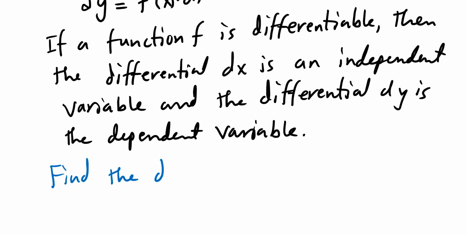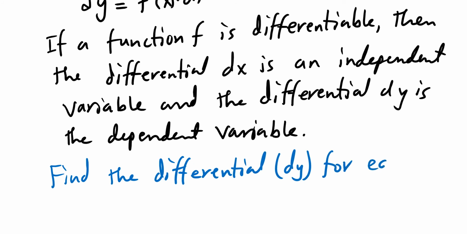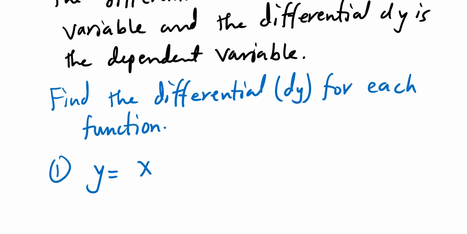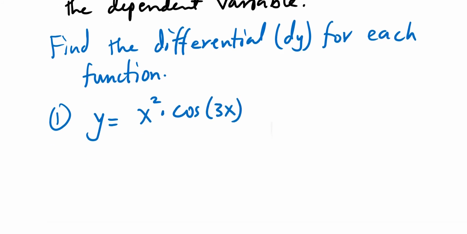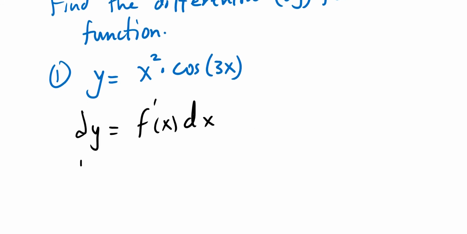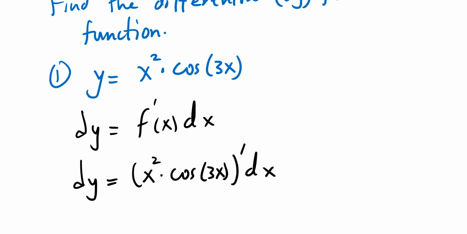Find the differential dy for each function. So let's look at the first one. y equals x squared times cosine 3x. To do so, remember, we defined the differential dy as f prime of x times dx. So f prime is the derivative of that function, x squared times cosine 3x, times dx.